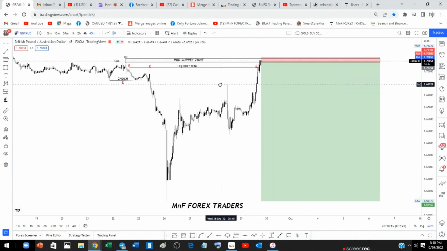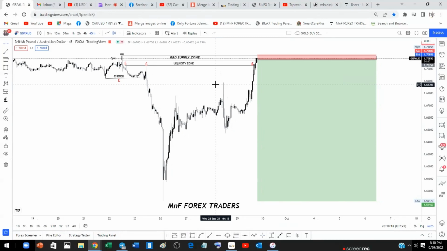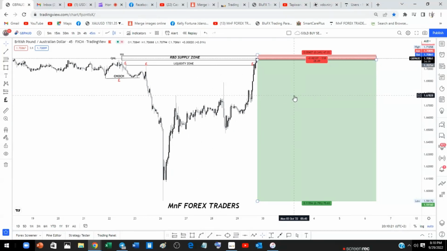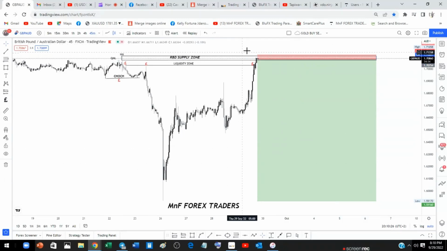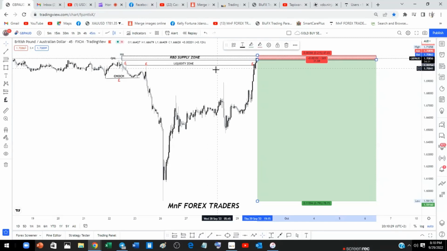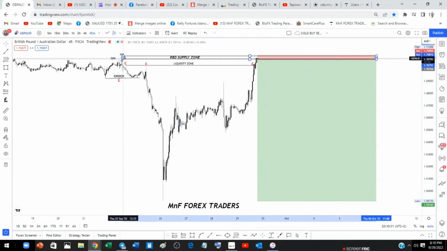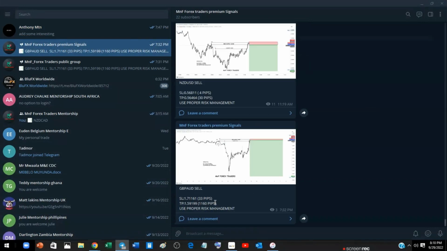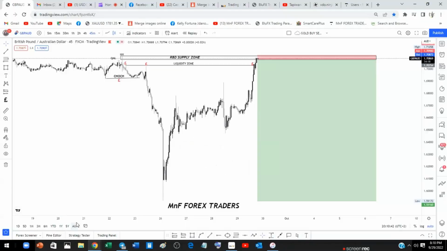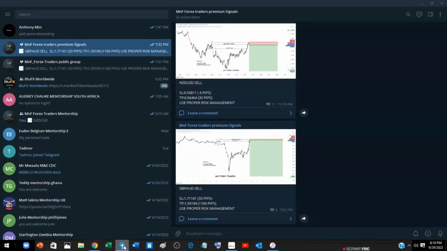So this trade has a risk to reward ratio of 1 to 34. Let me just adjust everything. The stop loss is about 34 pips, I think. Let me just confirm. The stop loss is about 33 pips here, and I'm targeting about 1160 pips.